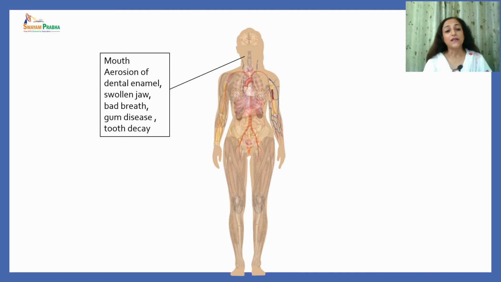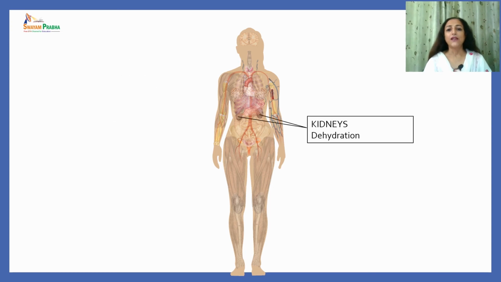And then it could be swollen jaw, they could have bad breath, they could have gum diseases because of micronutrient deficiencies, and tooth decay can occur because they are taking too much sugary food. And along with that, the kidneys may not function properly, and since they are not taking sufficient fluids, this can lead to dehydration.